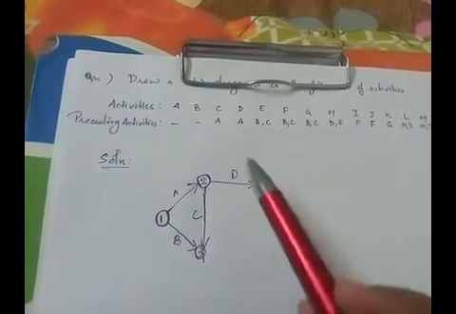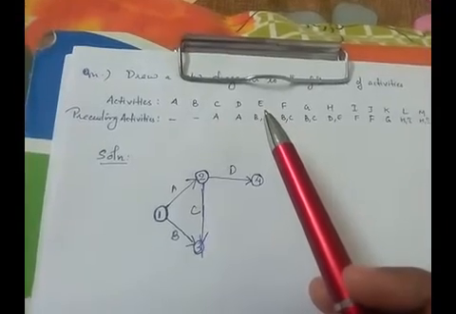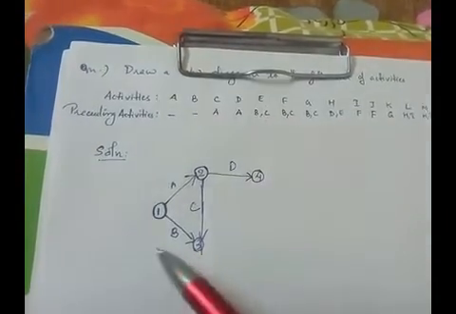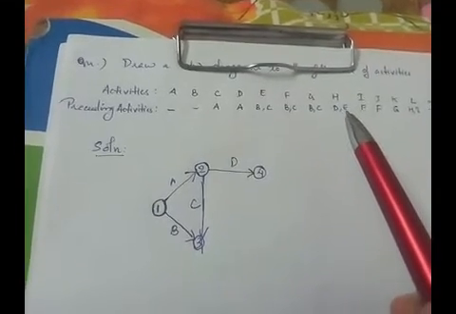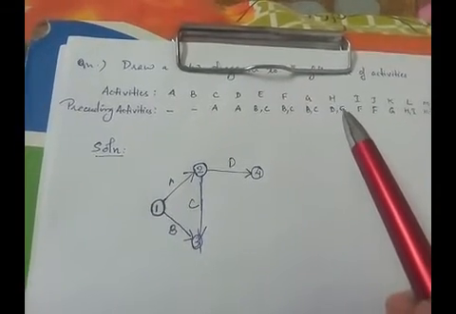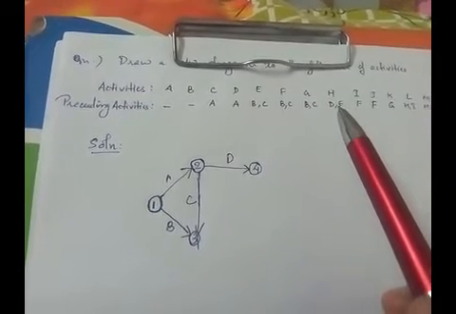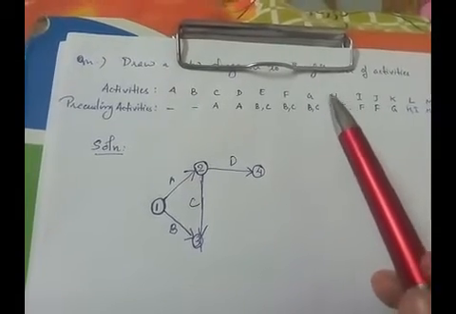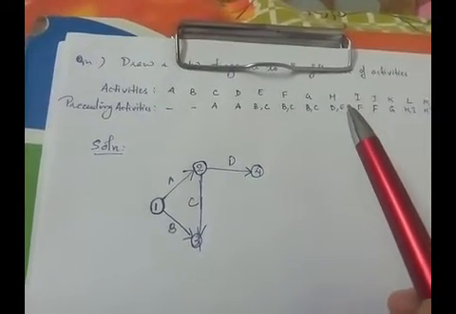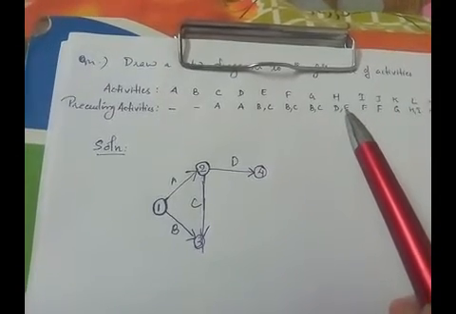Okay, so in the same way, before drawing E, we have to check whether E is combined with any of the activities that we have already drawn. Looking at the preceding activities, we can see that E is combined with D. That means E should end at the same event where D ends. Only then can we start H. The activity H can be started only at the event where D and E end together.